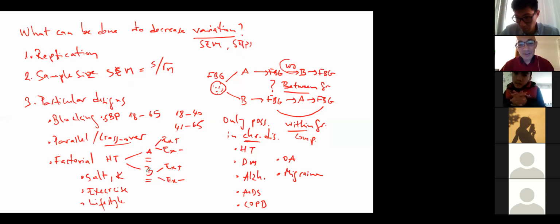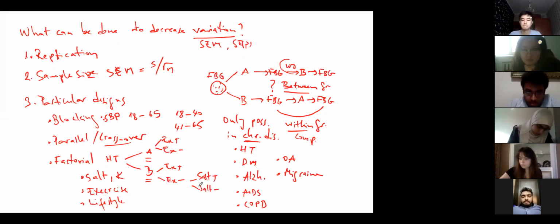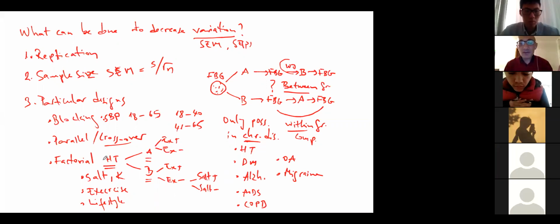You can have people taking drug B, exercising, and consuming salt positive, and salt negative, and so on. The factors affecting your outcome, the blood pressure, are not limited to only the medications you are giving. They are more than this.